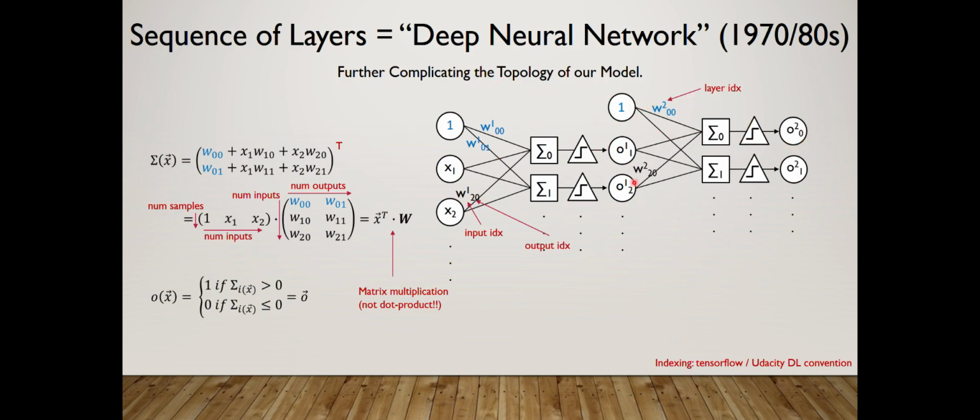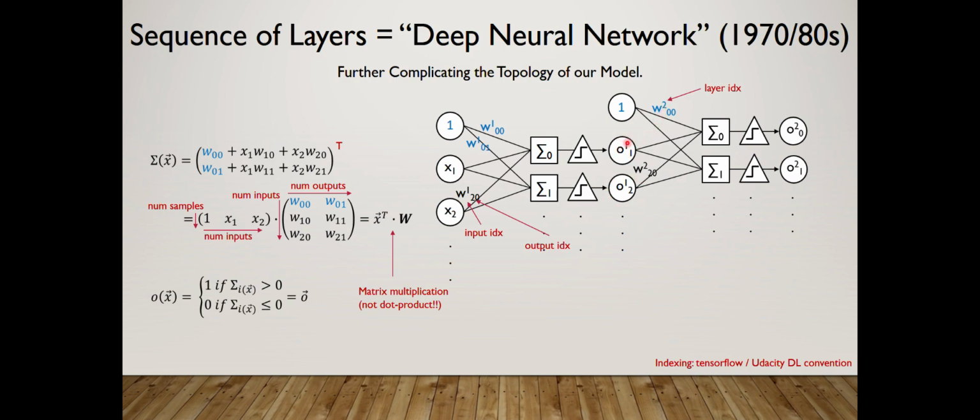but we're going to get to that later. So first of all, we have to further complicate our index scheme, and we're going deeper down into index hell. So we have another index here for each weight, which is the layer index. So all these weights here have this superscript 1, and all these weights here, which can be different, it could be a different matrix with different dimensions, have the index 2.